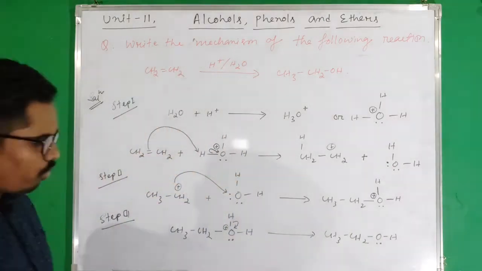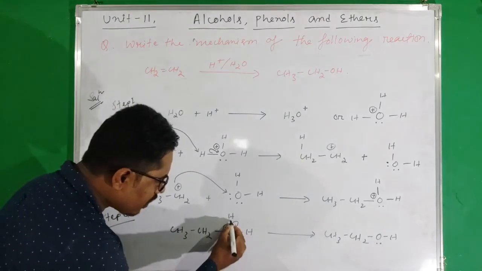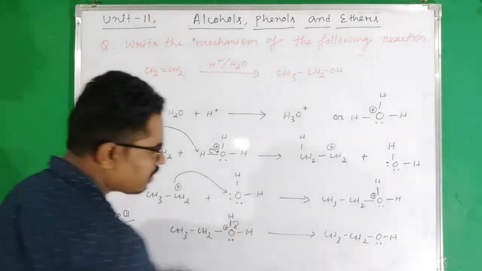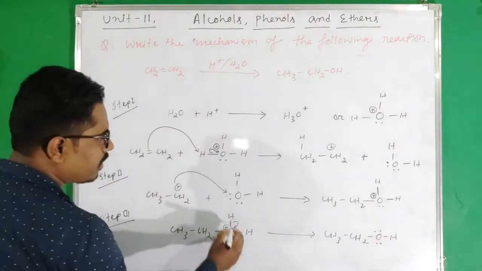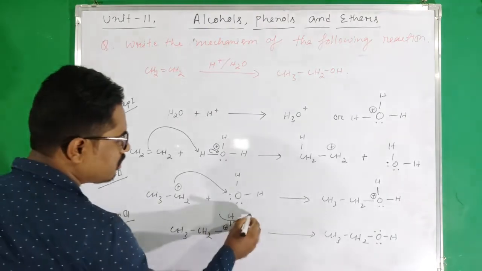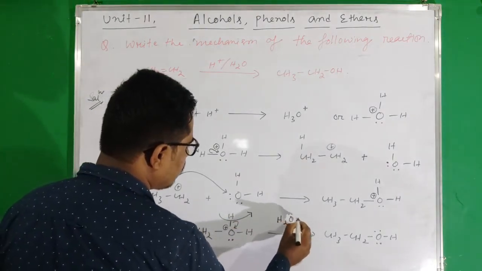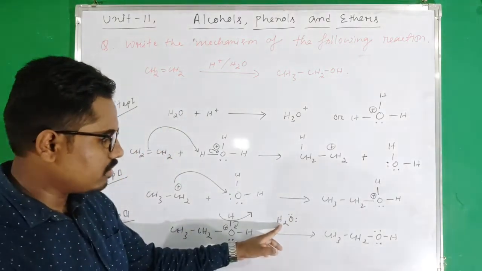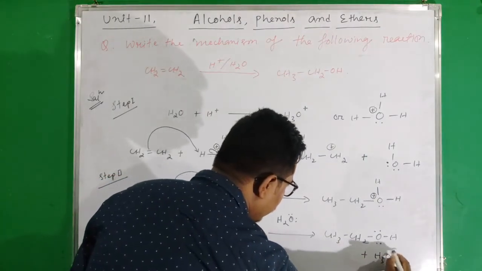At first one lone pair was present. Now due to attraction of electron by this oxygen towards itself, another lone pair will be present, and one H positive ion will lose, and this H positive ion will be attracted by another water molecule, resulting in H3O positive.